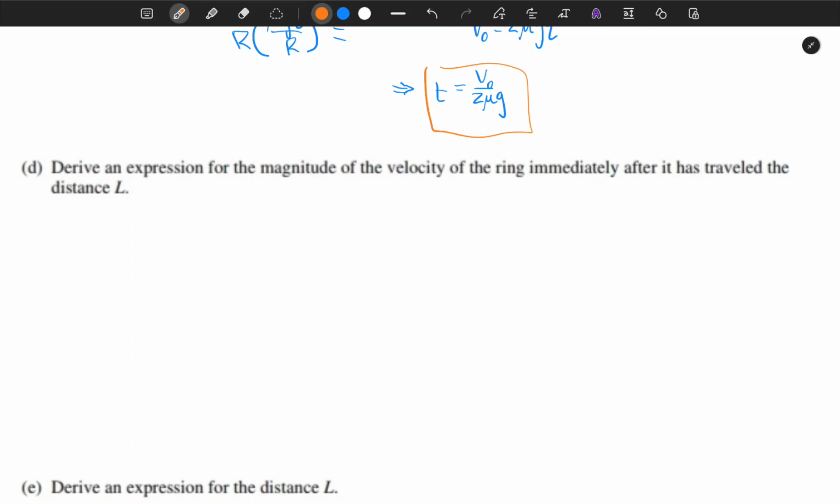Well, immediately after it's traveled the distance L, the time that we found above applies. So, plugging in this time to v of t, we find that it's equal to v naught minus mu g t, and using this time, we get that v naught minus mu g times v naught over 2 mu g is equal to v naught over 2.